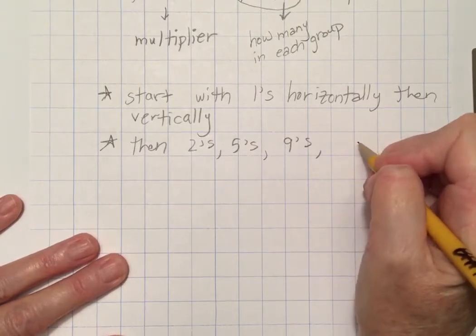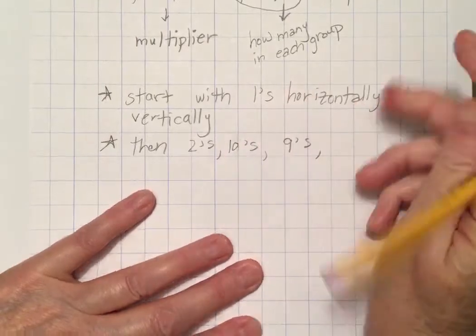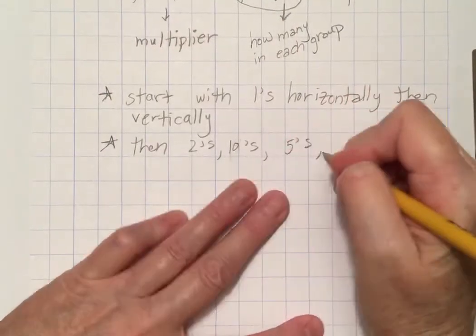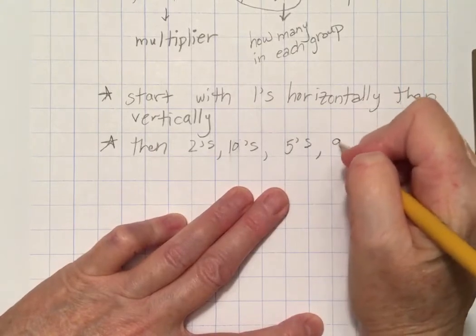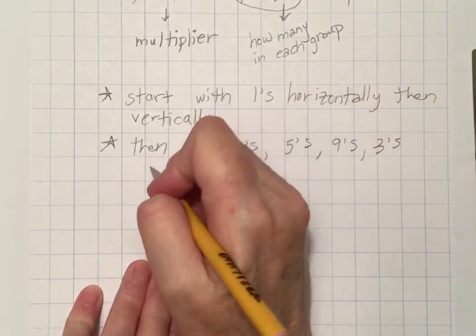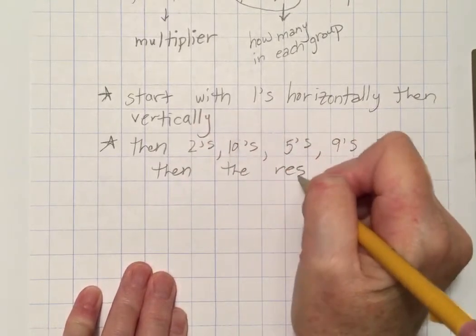Oh, I think I do tens. Yeah. Twos, tens, fives, nines. Nines will be next. Threes. And then we always say, then the rest. You'll see what I'm talking about.